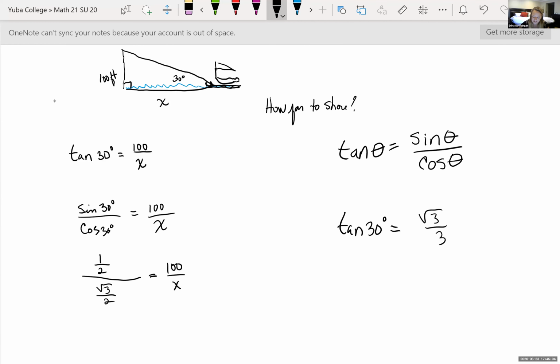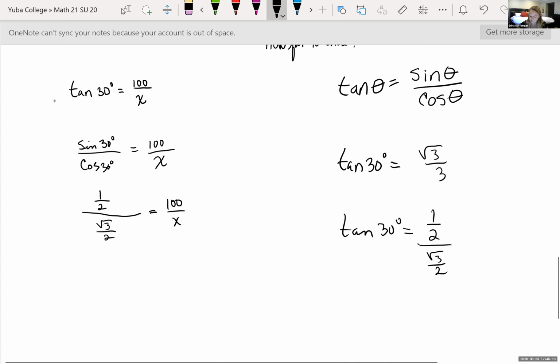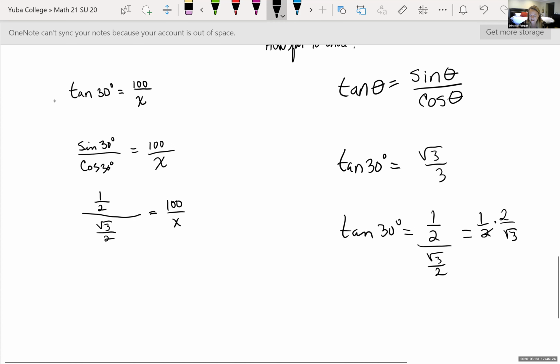Where we would have gotten that, if I didn't use my cross multiplication, this is, like I said, 1/2 divided by root 3 over 2. So this is the same thing as 1/2 times the reciprocal, 2 over root 3. 2's cancel.